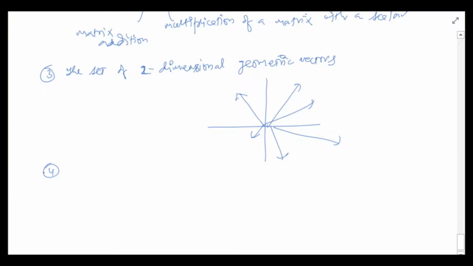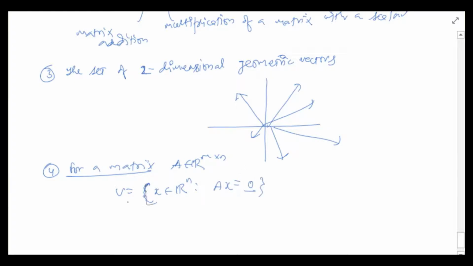Fourth example is, let's say fix a matrix A, say m cross n matrix, real valued. Then take all vectors of length n such that Ax is equal to 0 vector. Right?